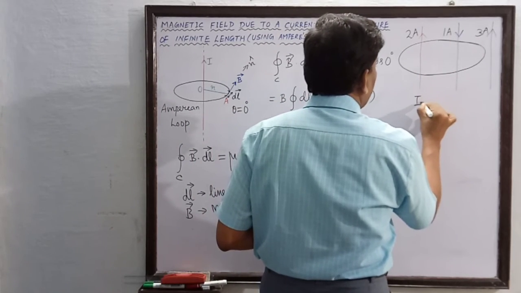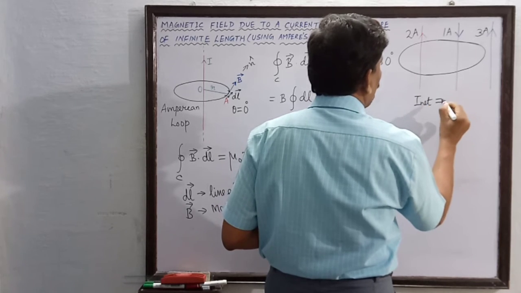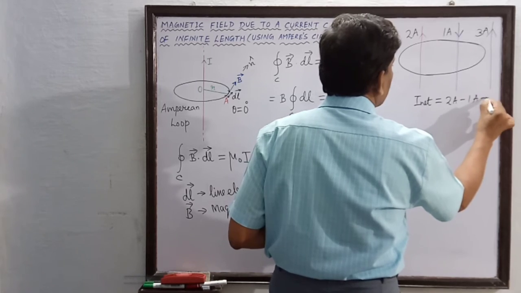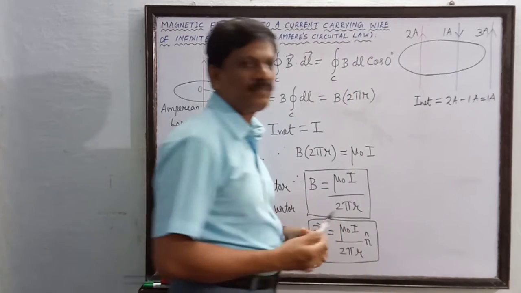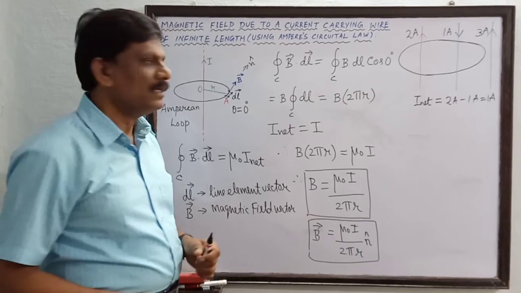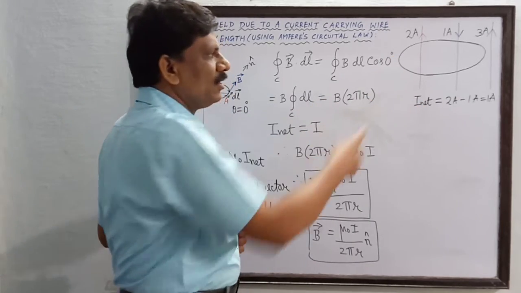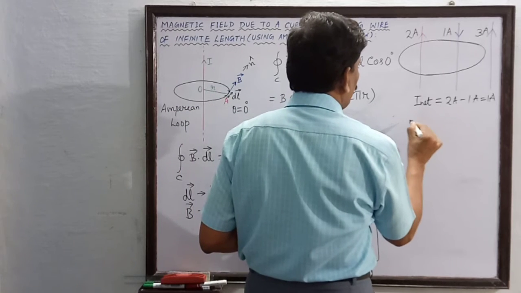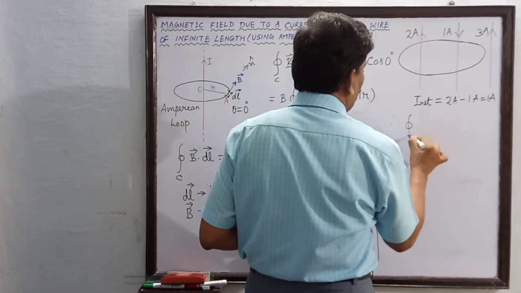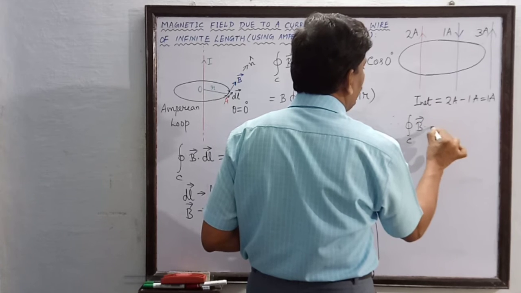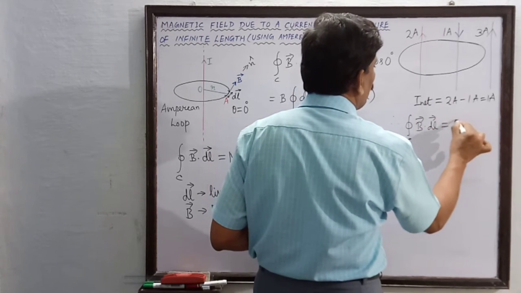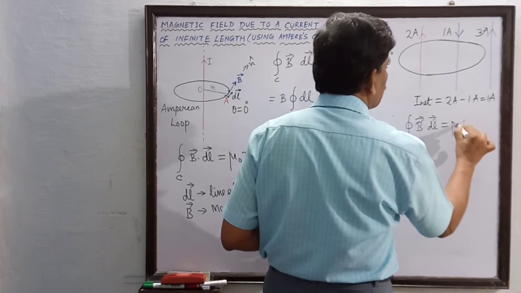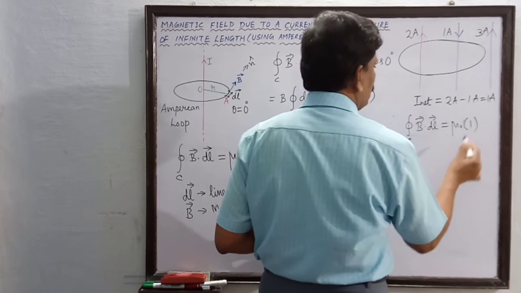The net current I net or I enclosed is equal to 2 ampere minus 1 ampere, that is equal to 1 ampere. Okay students, have you all understood? So, the net current in this case is 1 ampere only. And therefore, Ampere's circuital law, closed integral B dot dl, is equal to mu naught times 1 ampere, that is simply mu naught.